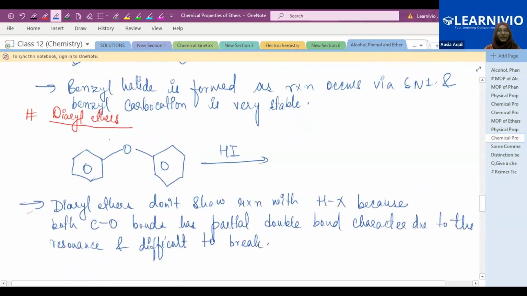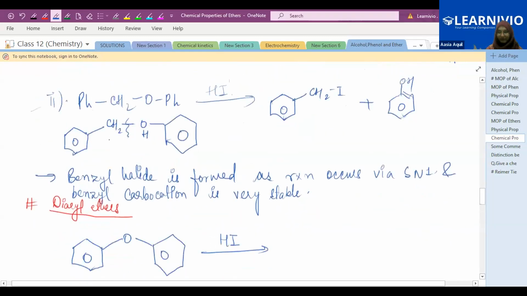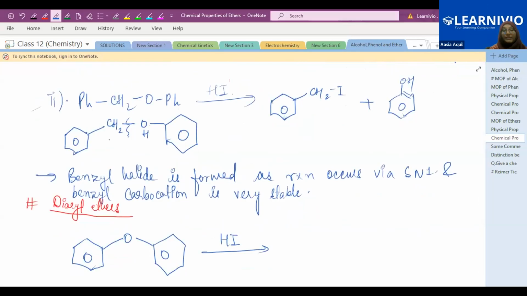Next one, diaryl ether. Now you tell me, what will be the product in this case? How will you cleave the bond? Just think about it. It's a basic one.